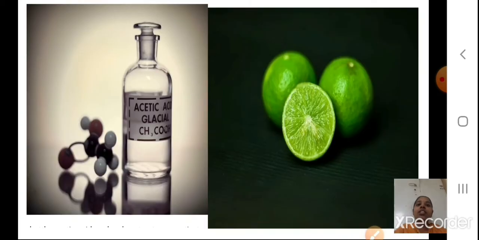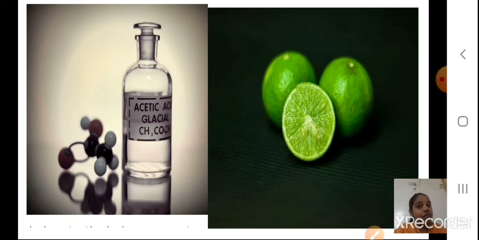Now, starting with, I am just showing you some pictures. You know there are different types of acids which are present, students. You know what acids are, you have studied before also. Acids and bases we can differentiate using, if you remember, litmus paper. How can you determine whether it is an acid or base?